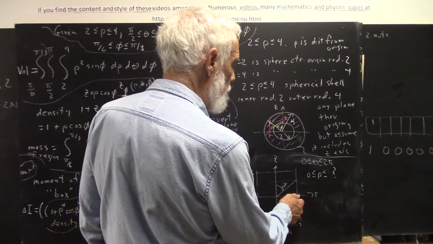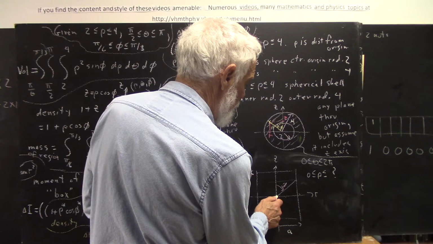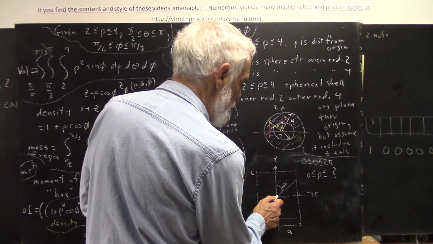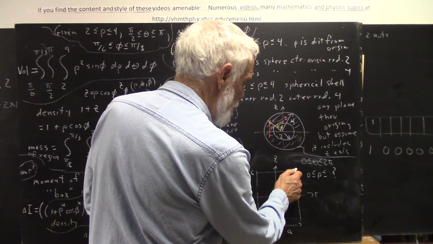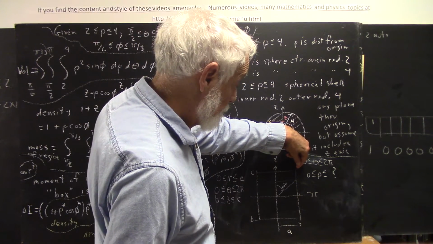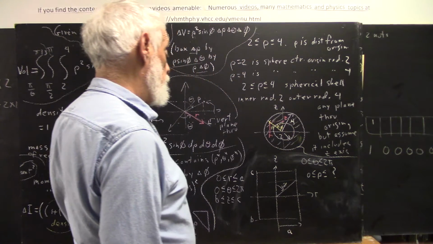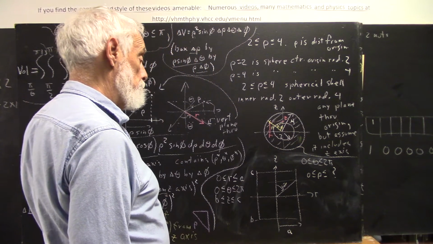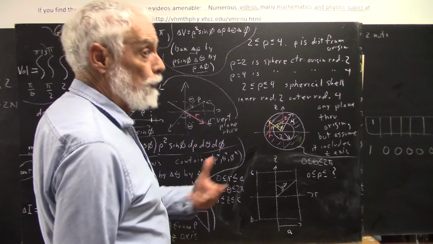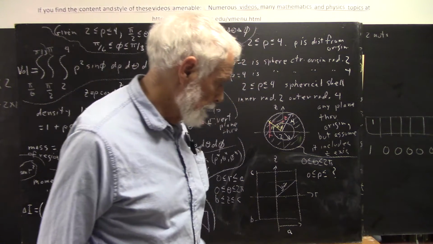So for phi between here and the angle of the line from the origin out to this point on the cylinder, we're going to have one set of inequalities.